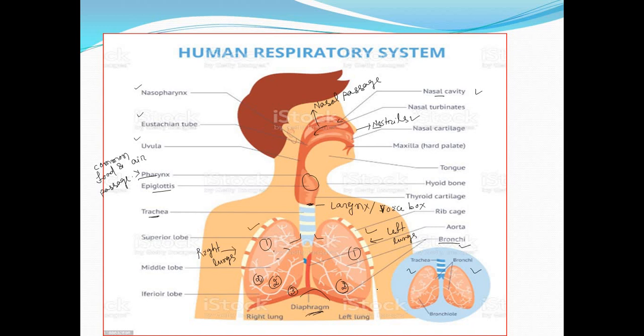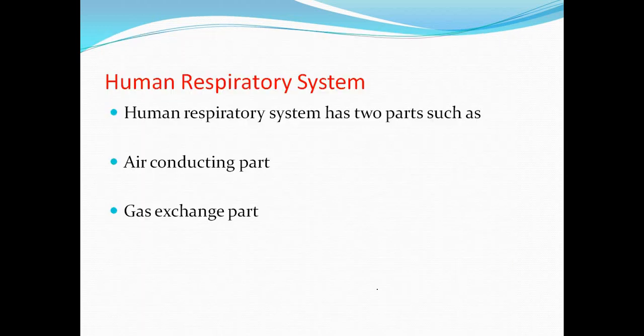You can also refer to another diagram. I took it from Google. The human respiratory system has two parts: one is the air conducting part and the second one is the gas exchange part. Air conducting part means it carries air through the air tube into the lungs.